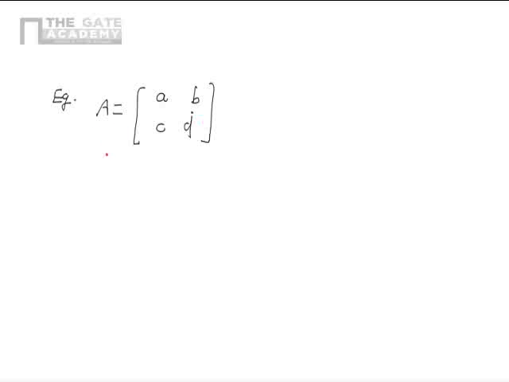To find out the cofactor matrix for matrix A, I'll find out C11, that is nothing but the cofactor of A11 element.